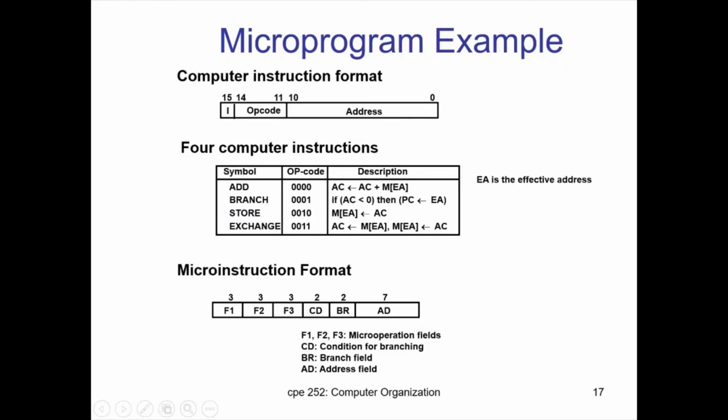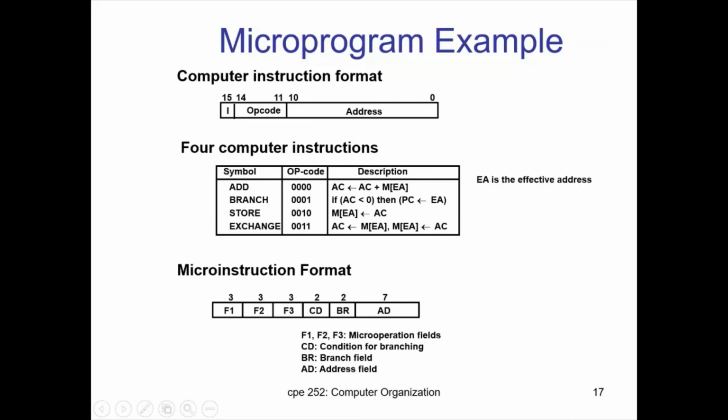This is a typical example of how information is stored in memory. Everything has a format: computer instruction format and micro instruction format. This is the general syntax, which informs the CPU how you can operate the computer.